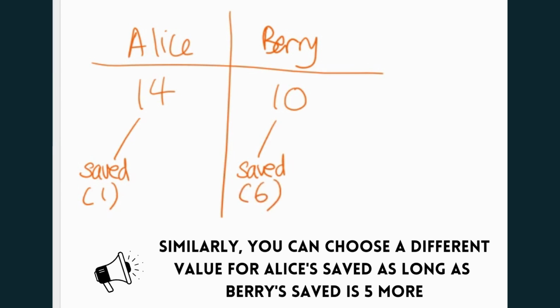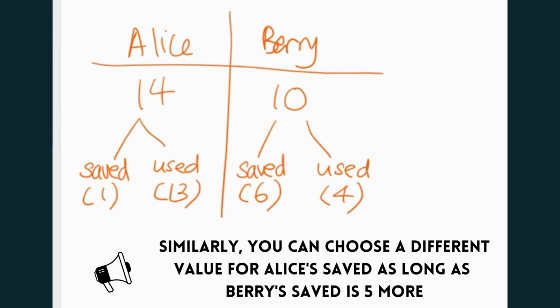In this scenario here, we're still talking about each day. Now given that Alice actually had 14 tokens, and she saved 1, that must have meant that she used 13 tokens. And for Barry, since he started with 10 and he saved 6, he must have used 4 tokens per day.